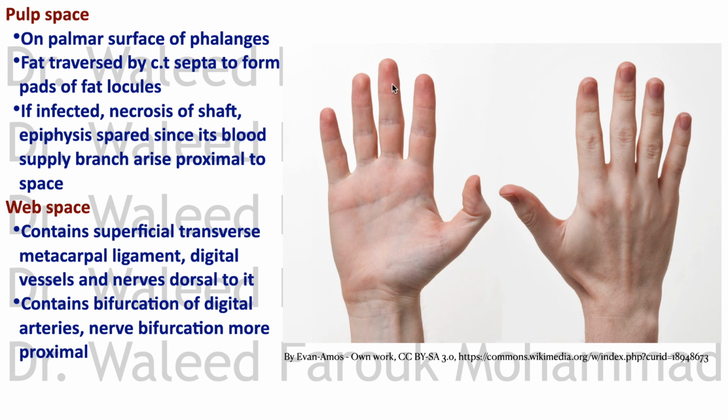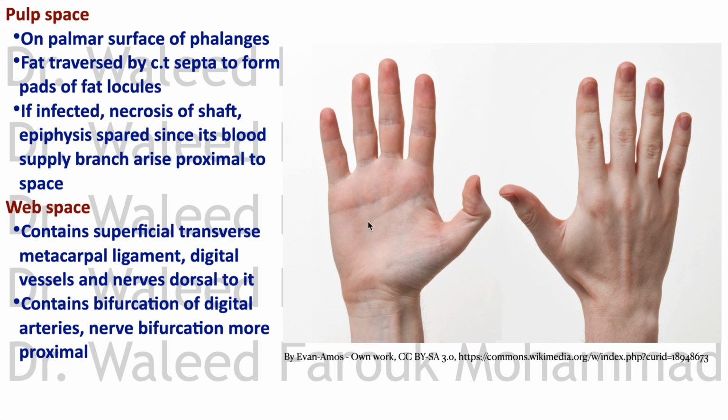And sometimes it gets infected, but when infected, the epiphysis of the bone is spared because it receives its blood supply earlier from the artery, before the artery enters the pulp space. The web space is the web of skin between the fingers, and it contains the bifurcation of the blood vessels, not the nerves.